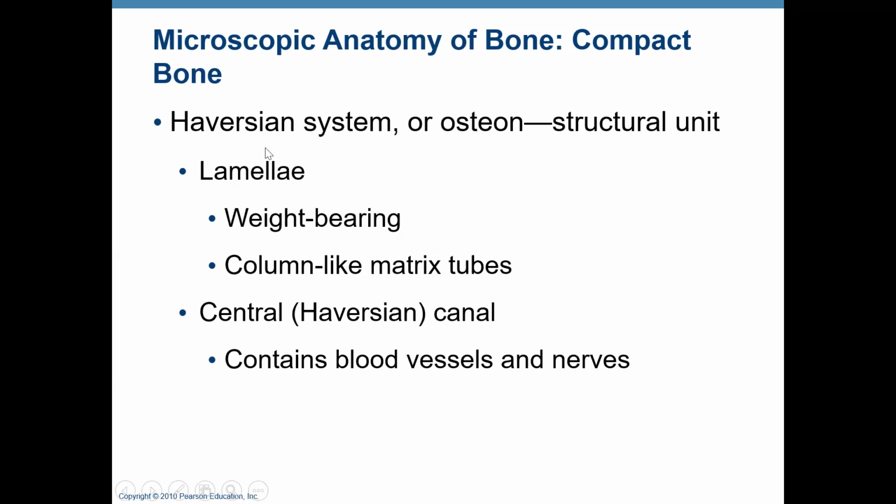The matrix of the bone that you find making up the rings of the osteon are referred to as lamella, where you got collagen fibers. And then the hole within each osteon, where you find blood vessels and nerves going through, that hole is called the central canal. That's how I like to name it. Or if you want, Haversian canal.